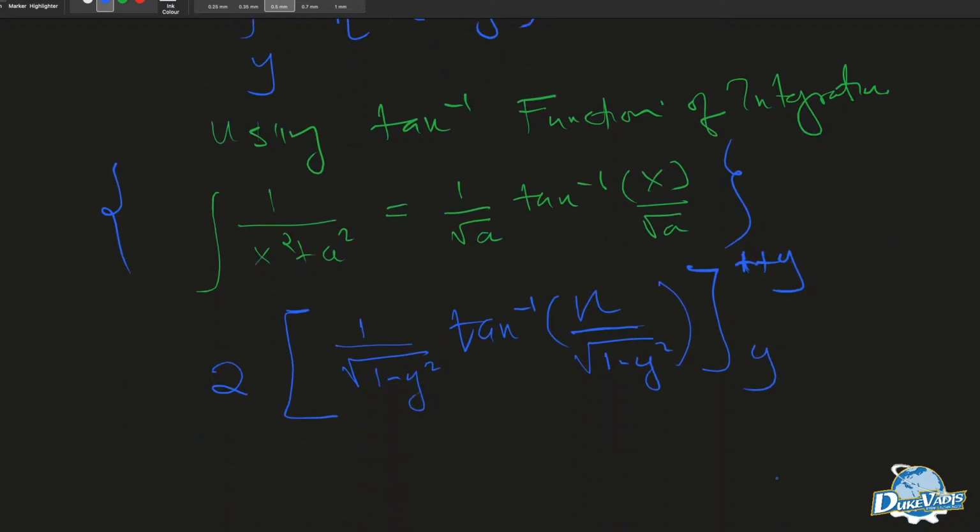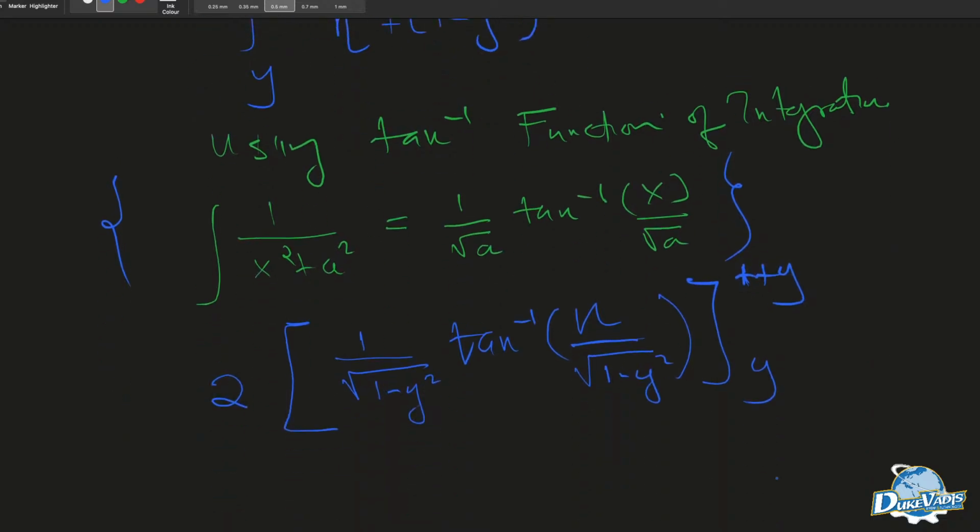Friends, when we substitute the limits into the expression, we should be able to integrate this with ease.